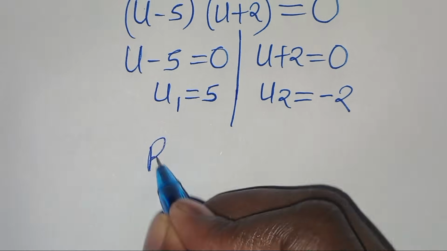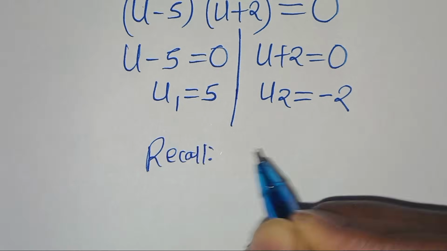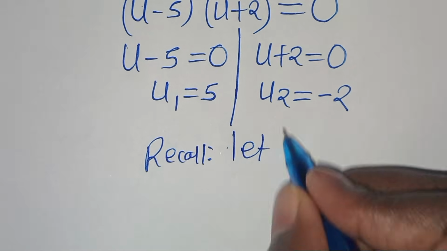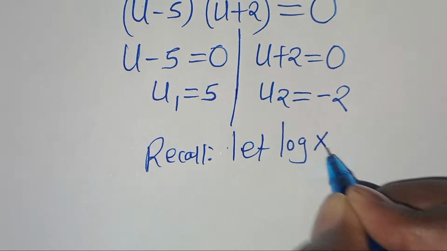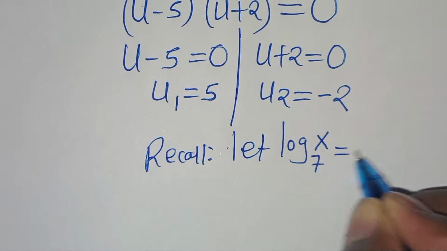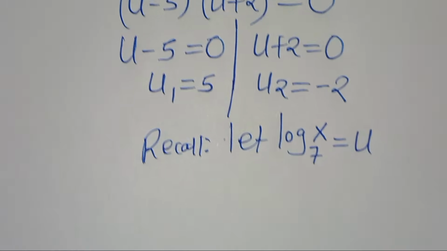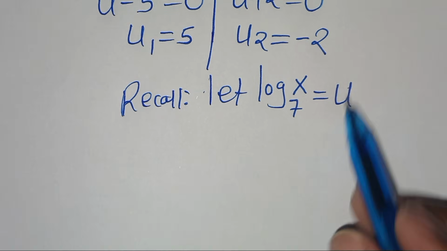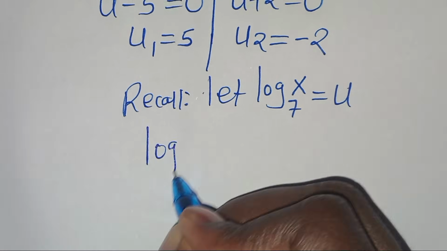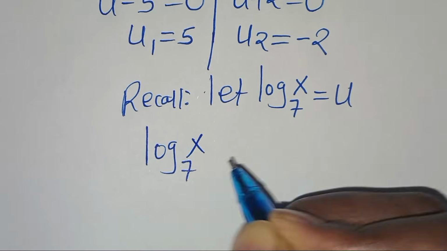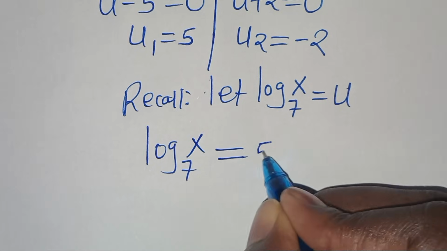Now, if you recall, we are saying that let log x to base 7 be equal to u. So let's start with u1. We have that log x to base 7 is equal to 5.